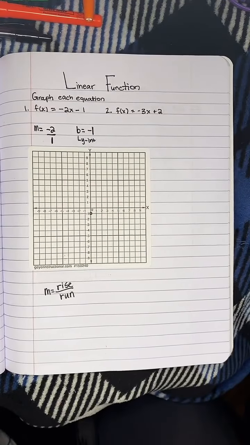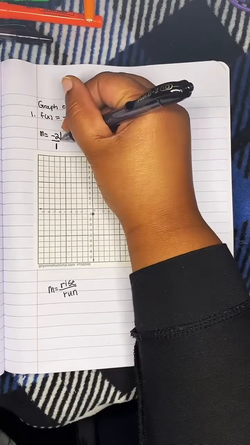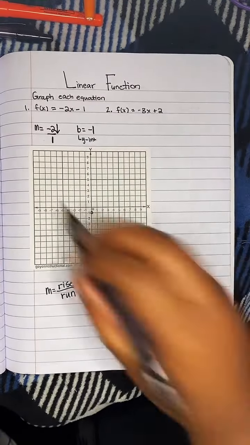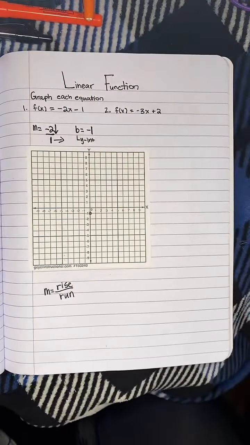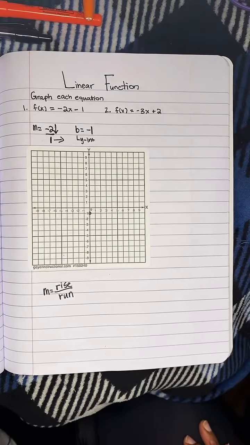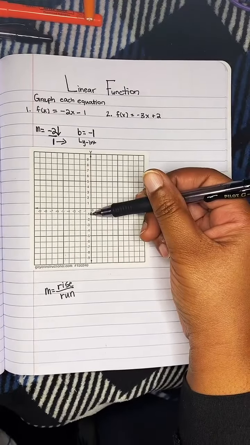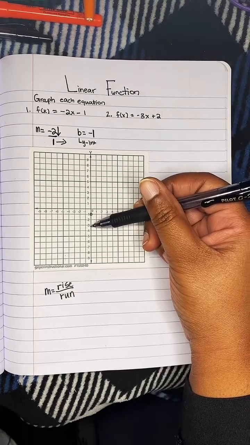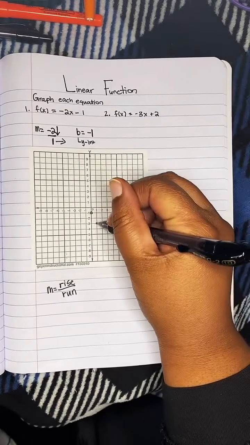Since this is a -2, I'm going down 2, and since this is a +1, I'm running to the right 1. I like to put arrows on my paper so I don't have to think about what I'm doing. I know I'm going down 2, then running 1, and I put a point.